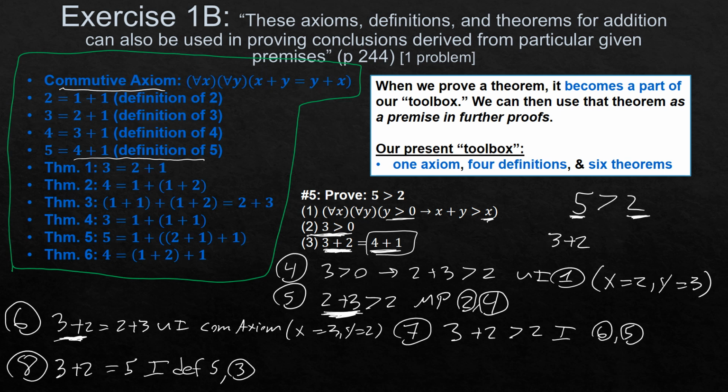So now we have this 3 plus 2 is identical with 5, so we can substitute that 5 in. Thus for line 9, it does follow that 5 is greater than 2 by the identity of 8 and 7.